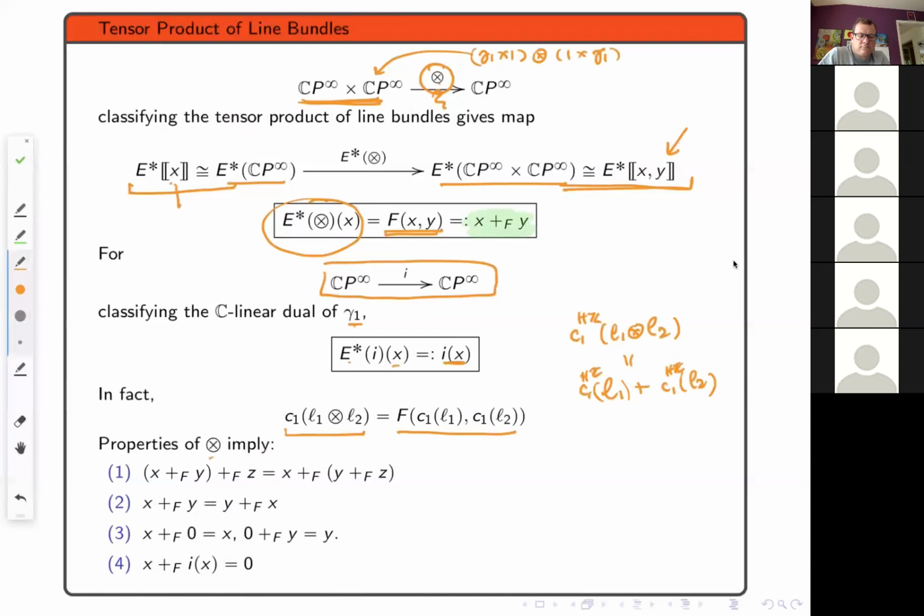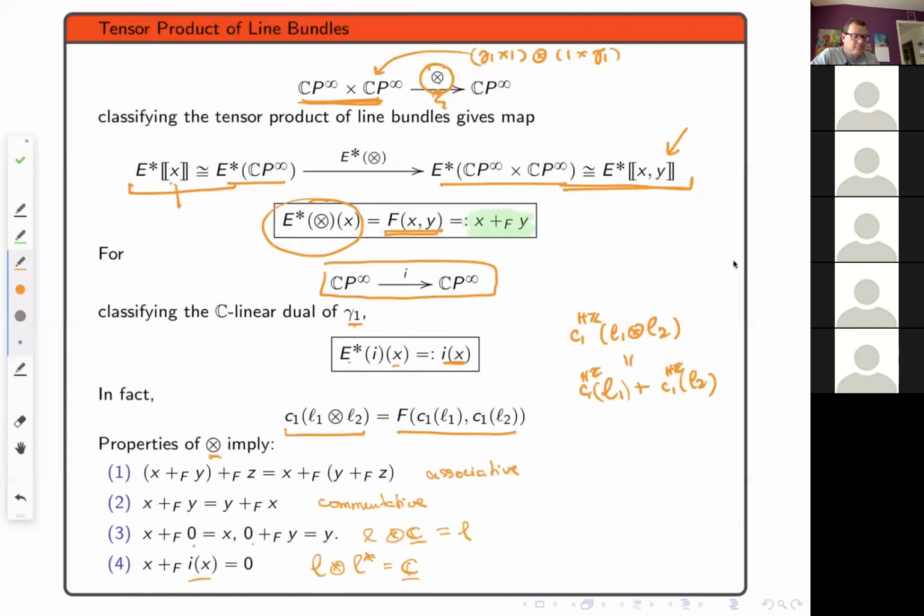But now, the tensor product has lots of nice properties. It's associative, it's commutative. If you tensor with a trivial bundle, then it's like you did nothing. Okay, so 0 is standing for the trivial line bundle. And if you tensor L with its dual, then you get a trivial bundle.